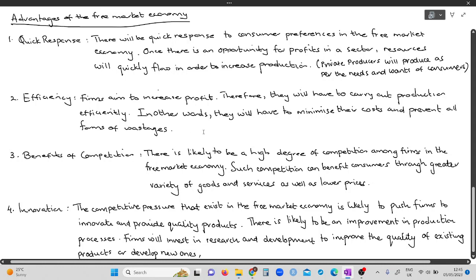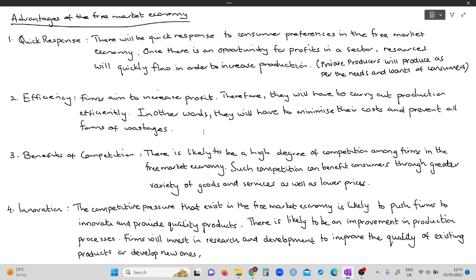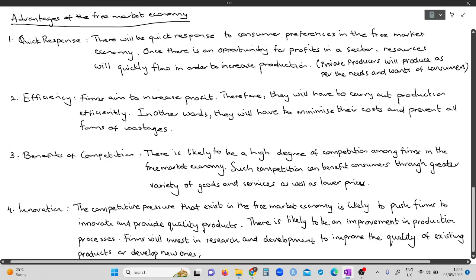Donc, vu que l'objectif of the free market is to maximize profit, ben, vous n'avez pas envie de faire aucun gaspillage. Donc, on appelle ça efficiency. C'est-à-dire to minimize costs and prevent all sorts of wastage. On appelle ça efficiency. D'accord? So, second advantage of the free market is that it helps to maintain the efficiency in the industry.